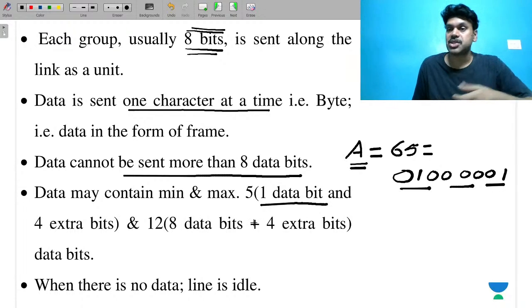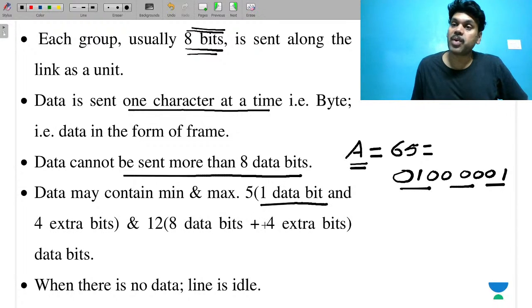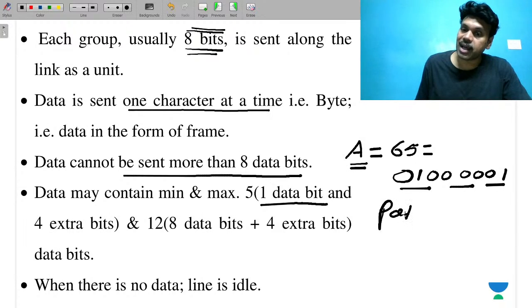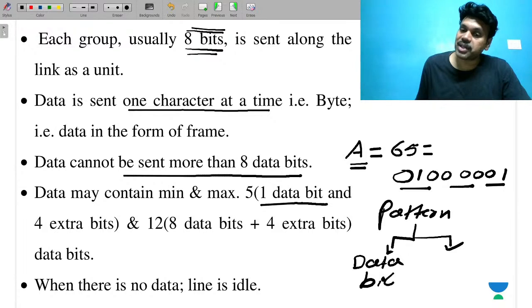A pattern consists of your data bits as well as overhead bits. Please understand, whenever I say I am sending the data in the form of a pattern, this pattern consists of two important things. One, it consists of data bits, and the other, it consists of overhead bits. Why overhead bits?